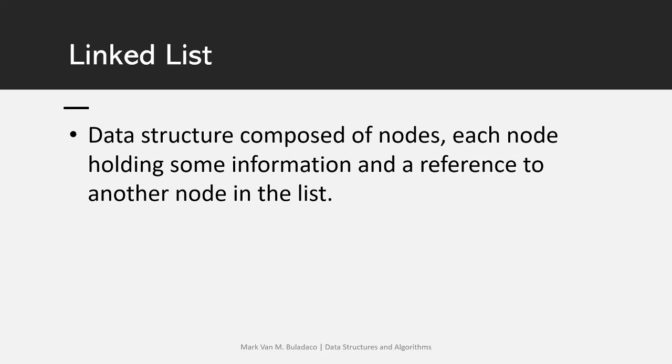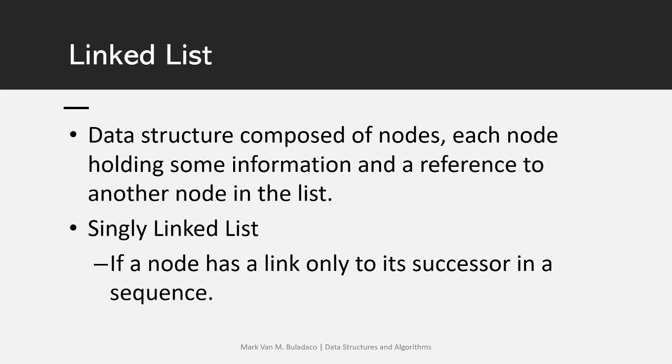We already know that a data structure is composed of nodes, and each node holds some information and a reference to another node in the linked list. So a linked list is basically a linking of the different references to another value or another reference.